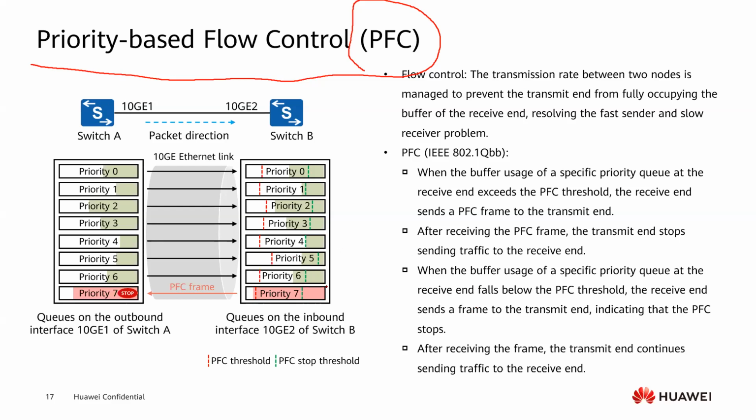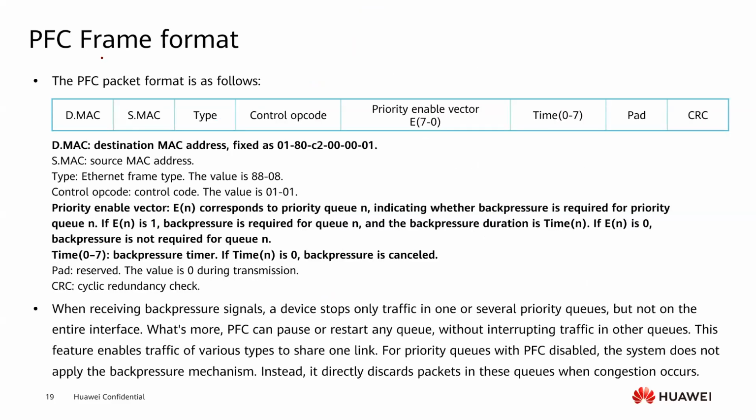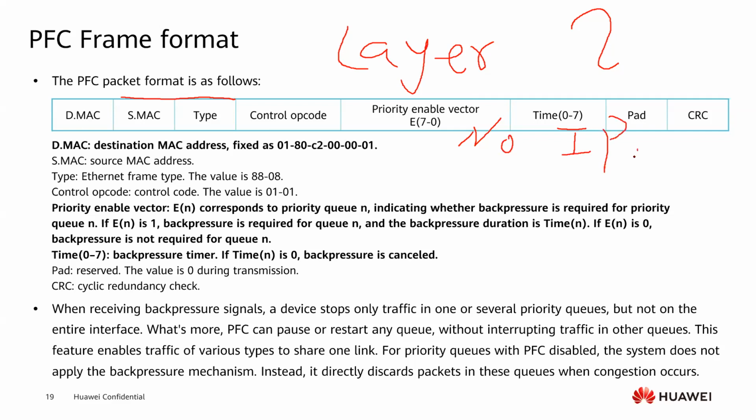Okay, so let's continue. This is the PFC frame format. The PFC packet format is as follows. It's a layer 2 packet. It has no IP information. Okay, we see the destination MAC address is 01-80-C2-00-00-01.